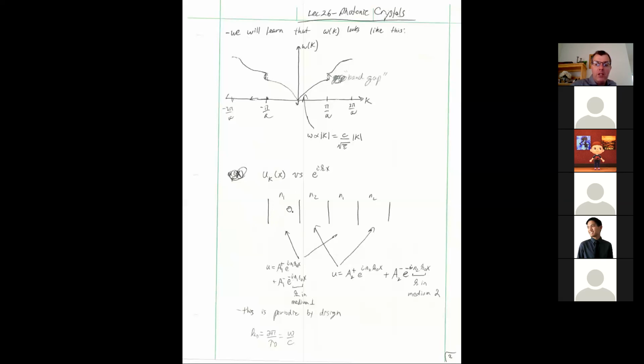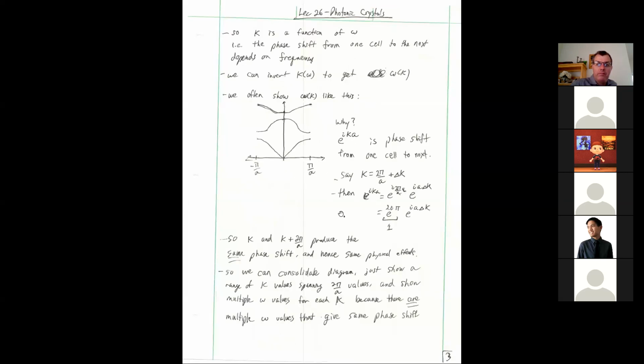But this combination of plus and minus n1 k naught waves in here and plus and minus n2 k naught waves in here, this is periodic, because that same combination shows up again in here, and it's multiplied by e to the i big K x going from here to here. And k is a function of omega, so we can invert to get omega of k. So we often plot omega of k instead of k of omega.